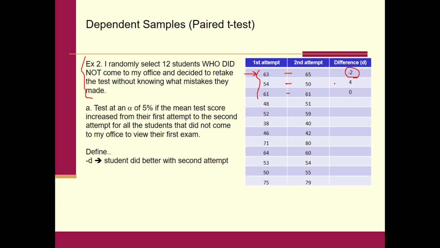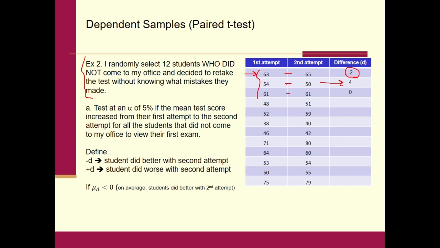And so remember, I said define what a negative D means. A negative D means the student did better with the second attempt. That's now a good thing. Common sense. What's a positive D mean? A positive D means that things got a little worse. So if mu sub D is less than 0, on average the student did better with the second attempt. And that's why we're going to put that into the alternative hypothesis.